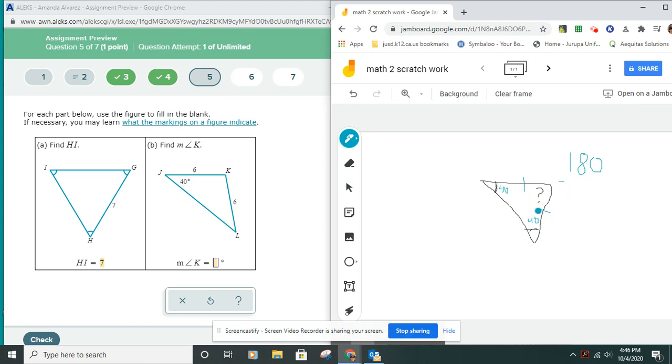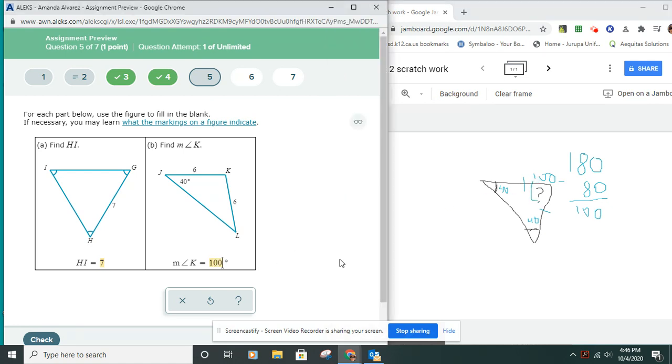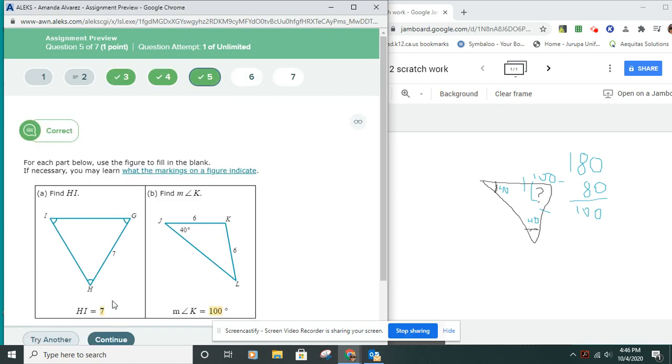Okay, so I would just have to subtract 40 plus 40 is 80, and that leaves me with the other angle, which would be 100. So I know that that angle is 100 degrees. So let me give that a try, and we'll see if it's correct. Check that. Okay, good. So that was right.